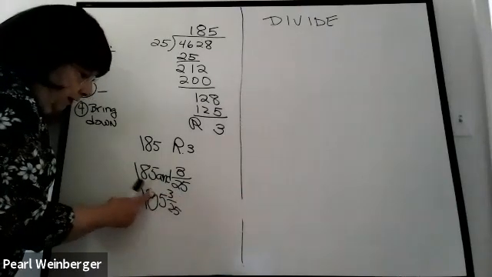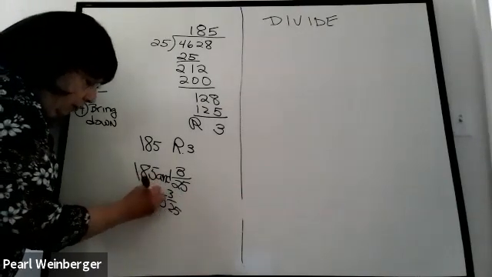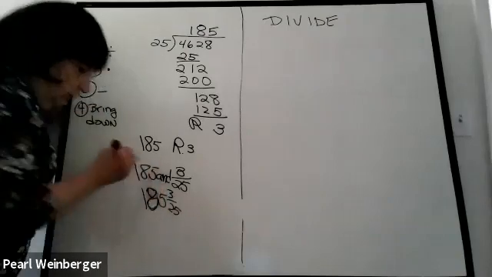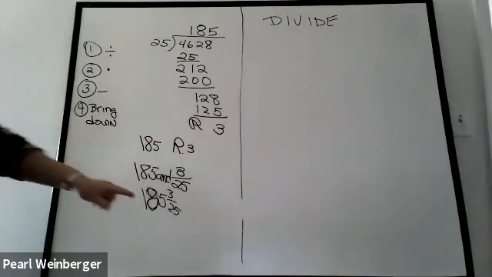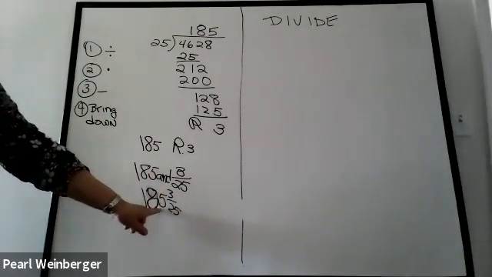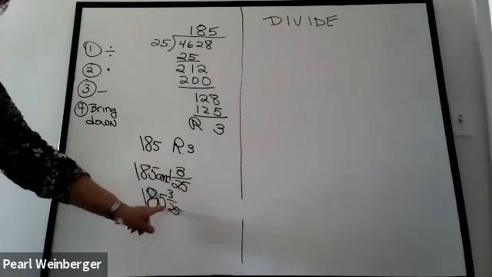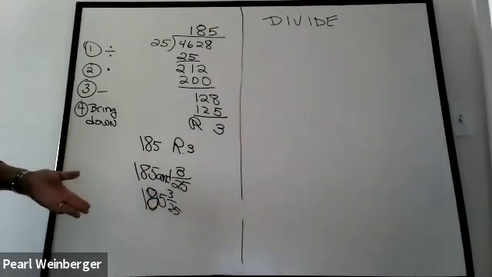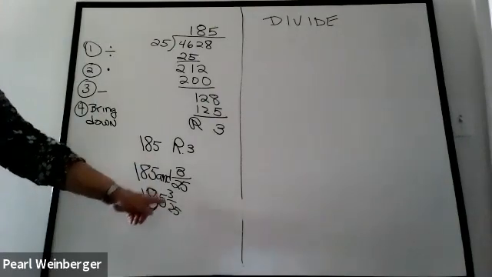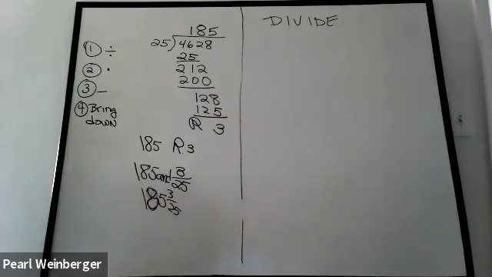You could write your answer this way. Notice when you have a fraction next to a whole number, it means that the two of them are being added, 185 and 3/25. And that's how long division is done.